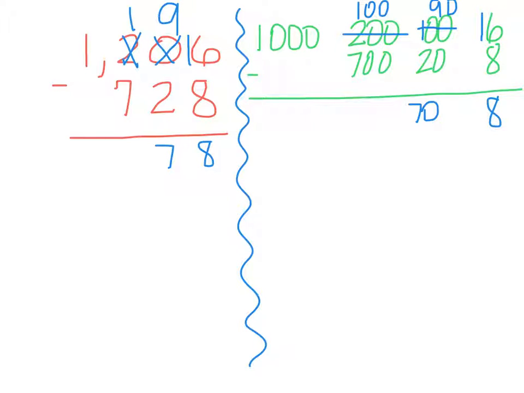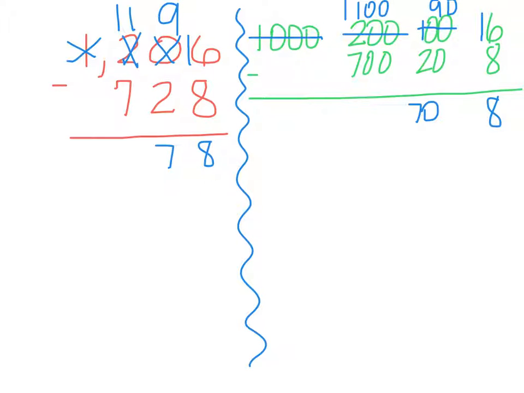Now, remember when we took 100 from the 200? We only left it with 100, or on the left in the algorithm, we left it with 1. Can't take 700 from 100, or you can't take 7 from 1. So we need to go to the thousands spot and take 1,000 from them. I'm going to take the whole 1,000 and give it to my 100, and over here I give it to my 1.